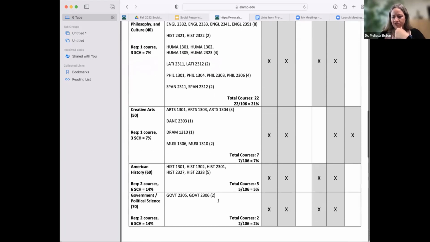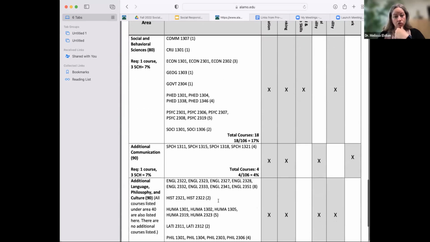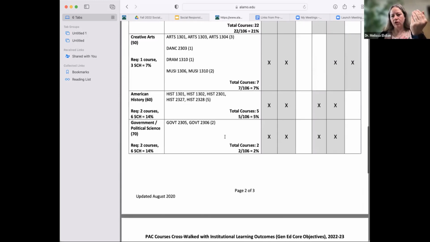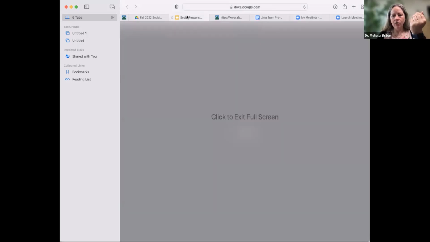Yeah, creative arts, American history, government and political science, social and behavioral sciences, and some additional language, philosophy, and culture courses. So yeah, if you're ever interested in how this all fits together, you can come back to this happy little document. Okay, let's get back to the slideshow, maybe.